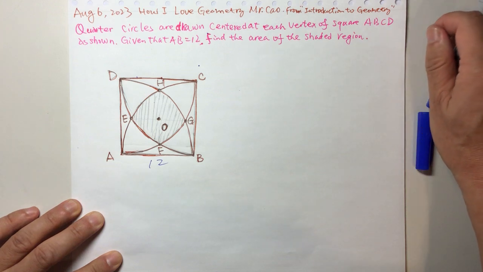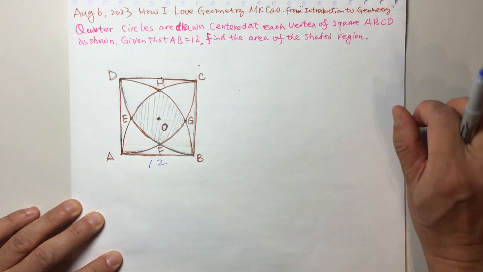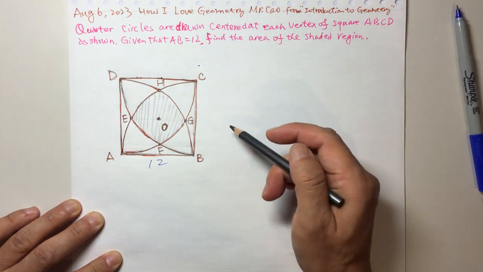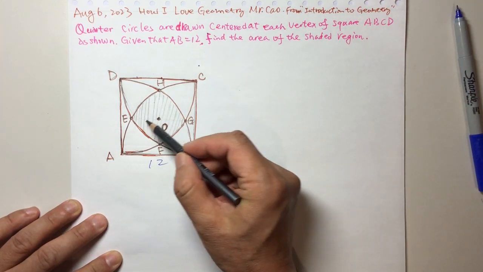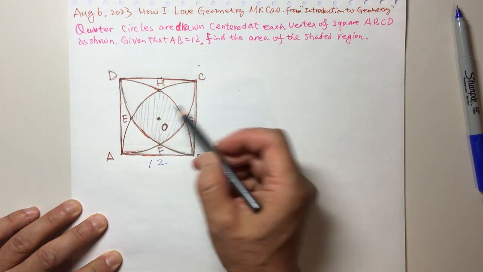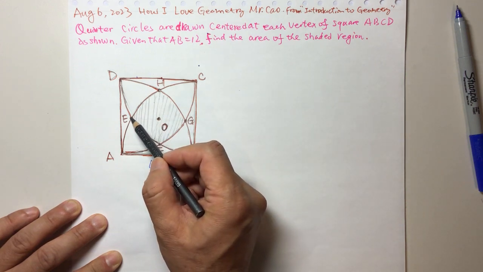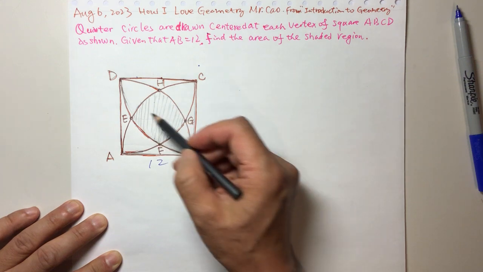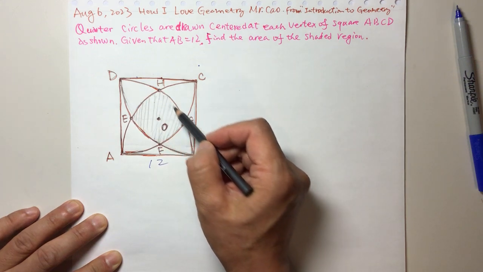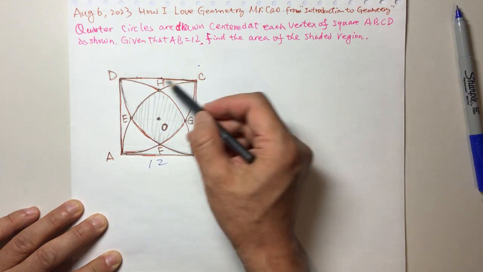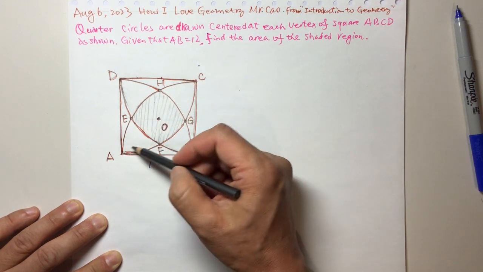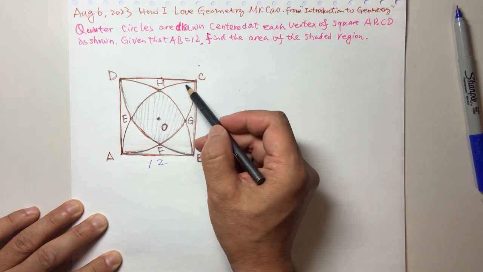So at first glance, we can easily realize that E, F, G, H is symmetric, right? Because this is a square and all of them have the same radius, quarter circle.